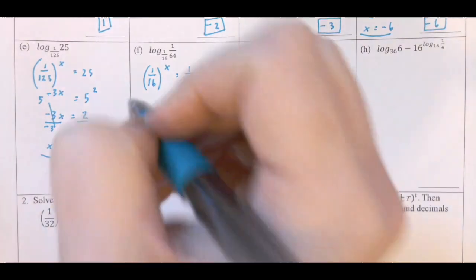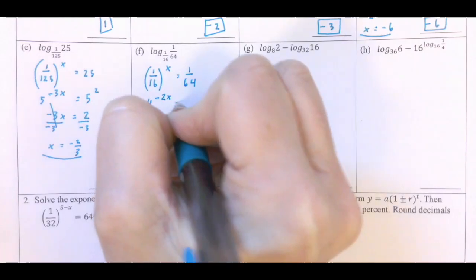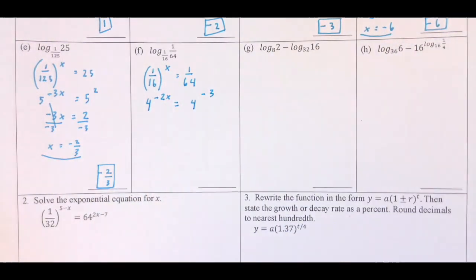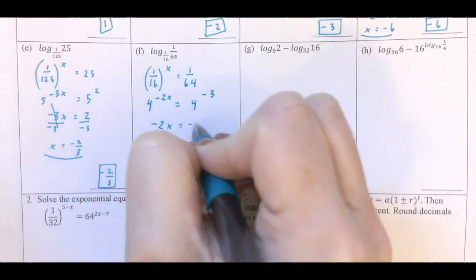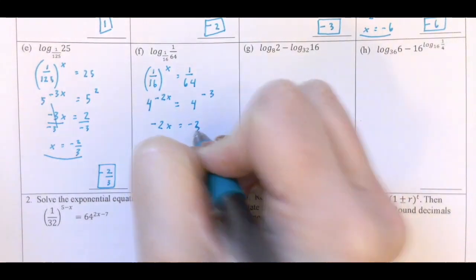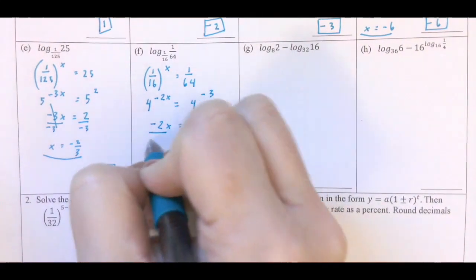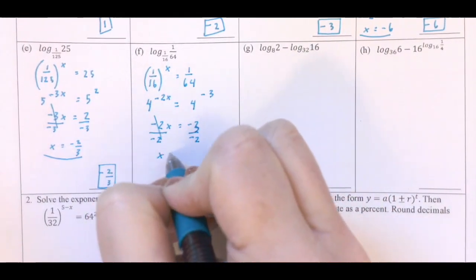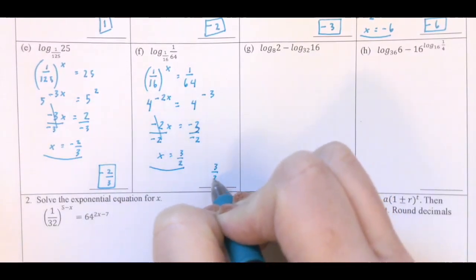I'm going to go with the 4. So 4 to the negative 2x power equals 4 to the negative third power. Okay, again, bases match, exponents match. So -2x is equal to -3. Divide out the -2. And we get 3/2.